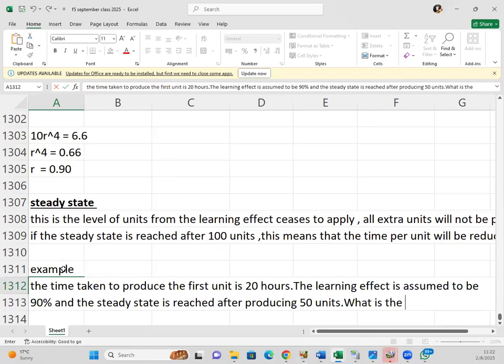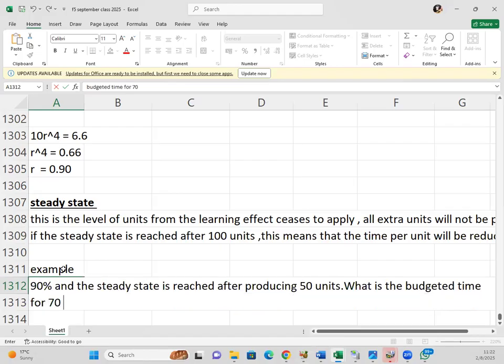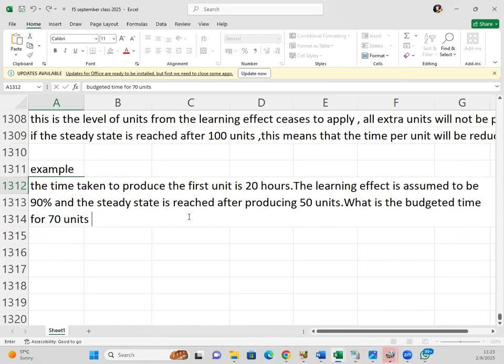What is the budgeted time for 70 units, taking into account the learning effect?